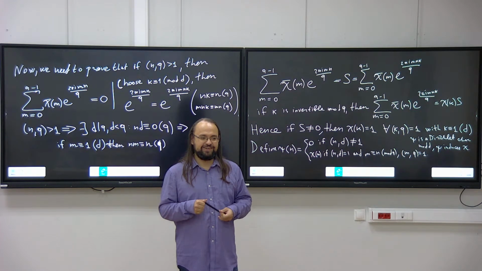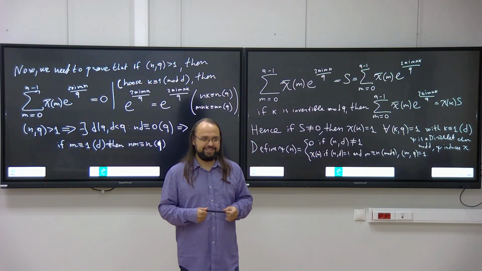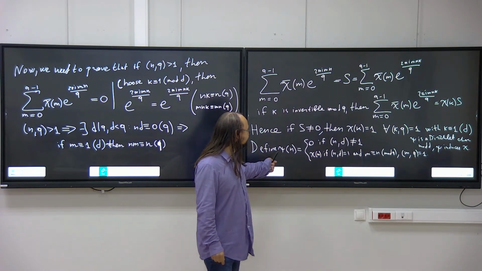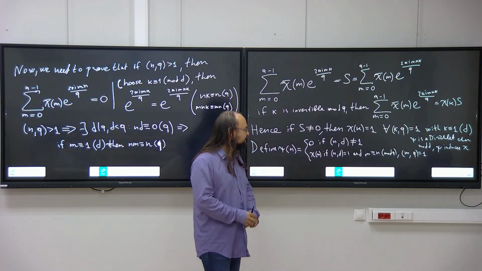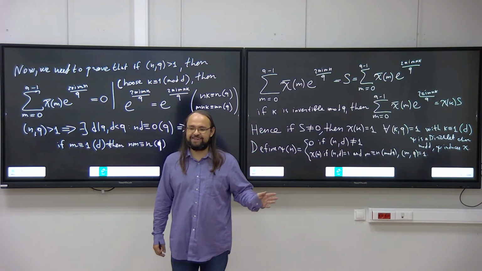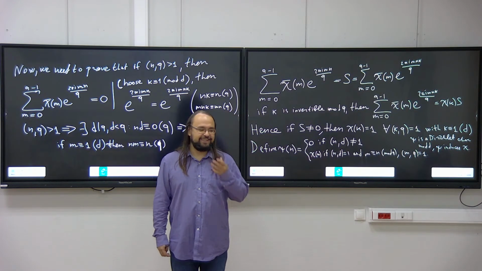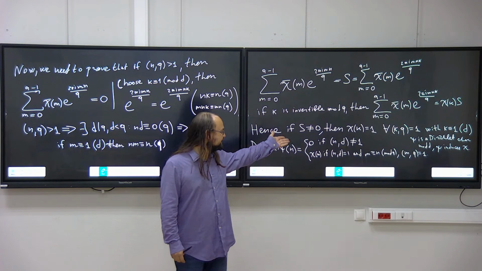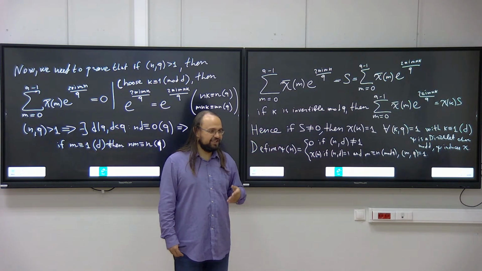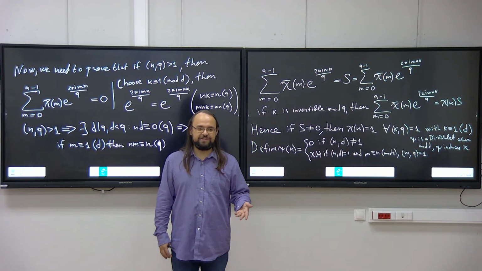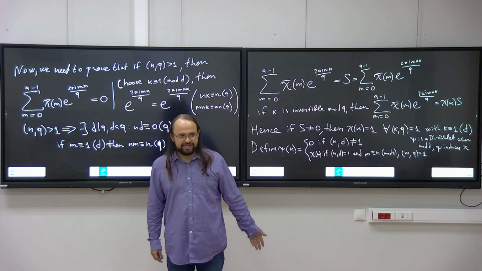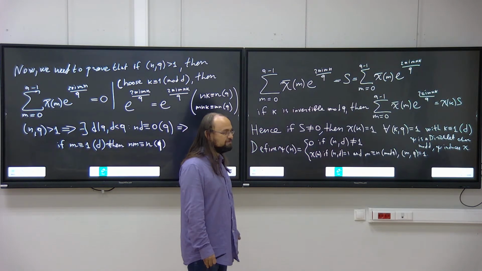It depends only on your residue modulo d, in a certain sense. So you can define this function psi of n. This psi of n is clearly a Dirichlet character, and it is by definition the Dirichlet character inducing chi. And this is a contradiction because chi is primitive.